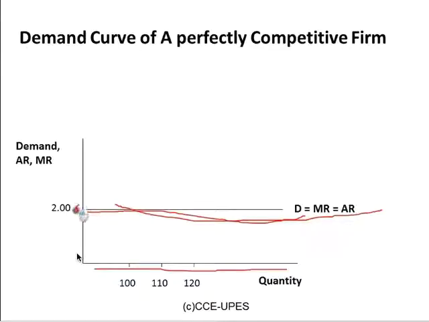At this price, a seller can sell as much as he likes, and he cannot change this price; the overall supply will not change by his additions or by his getting out. Every product is sold at the same price. You don't have to reduce the price to sell more. Therefore, marginal revenue and average revenue are the same.